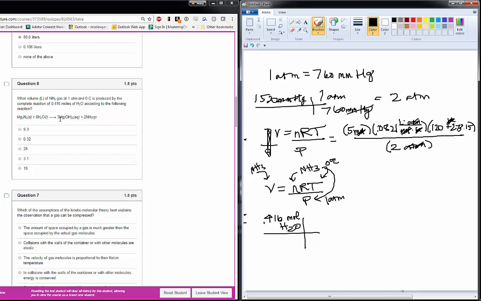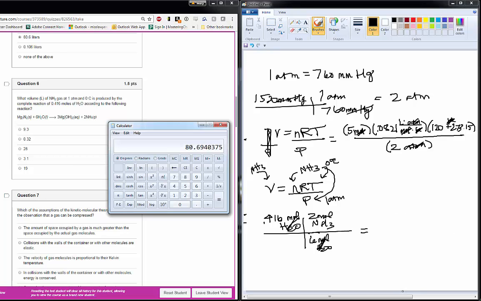If I have the balanced equation, which, look at this, I do, I can see that 6 moles of H2O react to form 2 moles of NH3. 6 moles H2O, 2 moles NH3, moles of H2O cancel, and I can calculate that I will produce 0.139 moles of NH3.